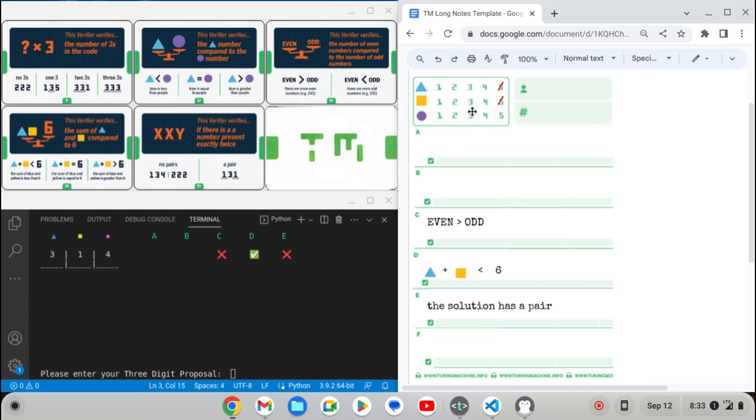Oh, actually, I don't think we could do that because, yeah, I don't think circle can be larger because even 4 would work. Again, we don't know if that third digit is even or odd. So I don't think it could be 2, 2, 4 or 2, 2, 5.